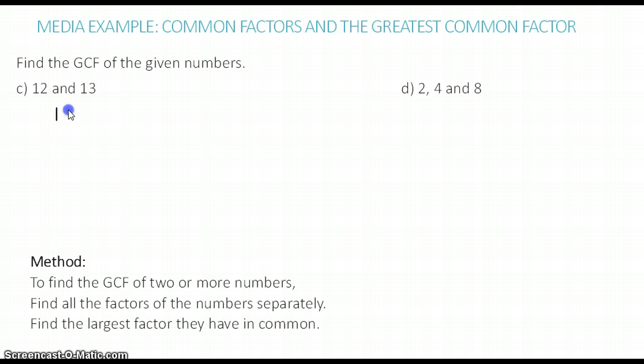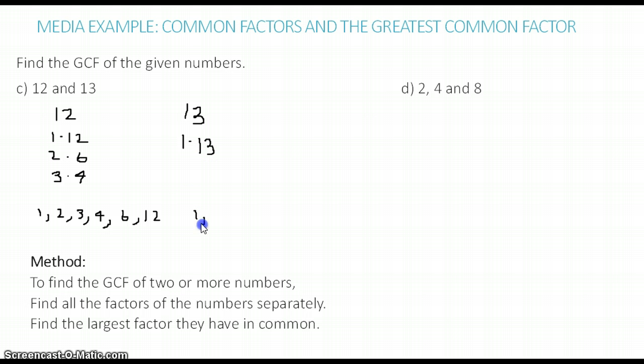Well, 12 can be factored as 1 times 12, 2 times 6, and 3 times 4. So we have 1, 2, 3, 4, 6, and 12. 13 is prime, so it can only be factored as 1 times itself.